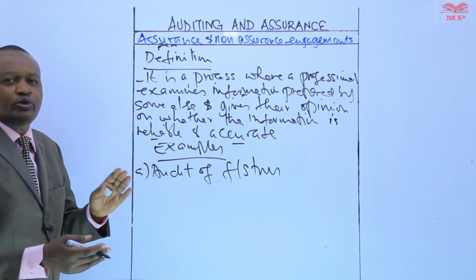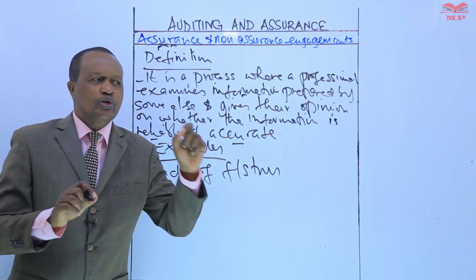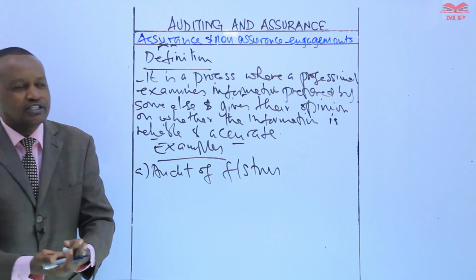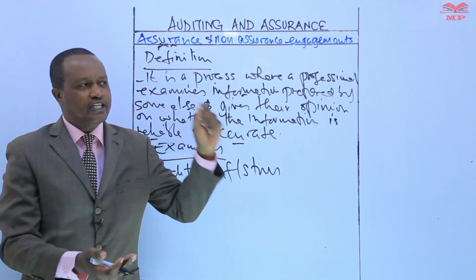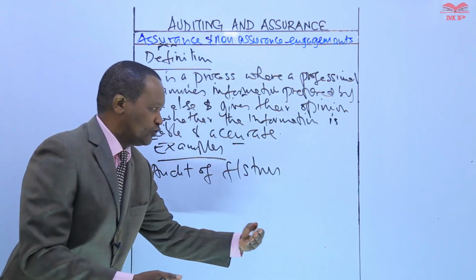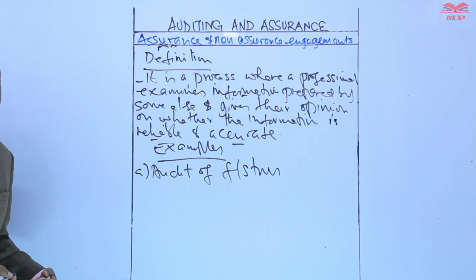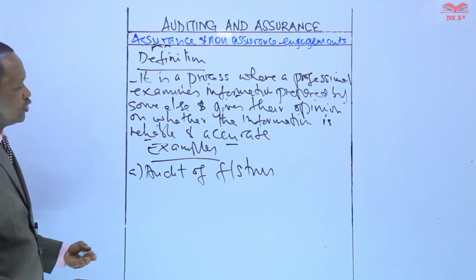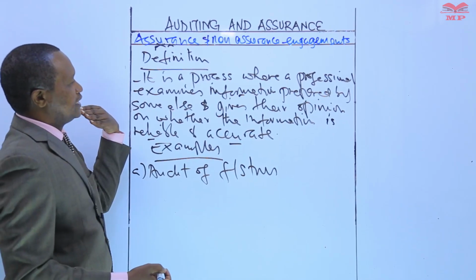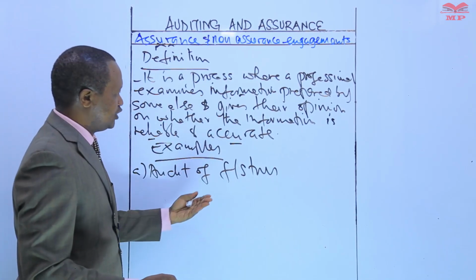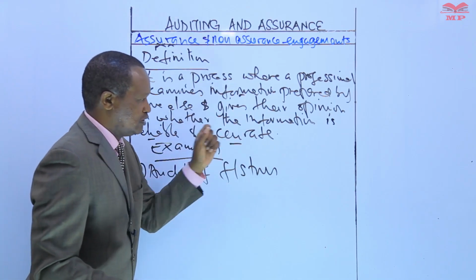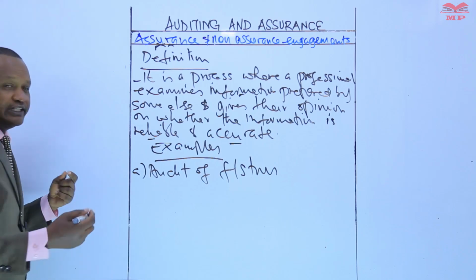So this is the most common type of assurance engagement, audit of financial statements, where an auditor examines a company's financial statements and provides an opinion on their fairness and truthfulness. So in auditing financial statements, the auditor gives his or her opinion on whether the information is reliable or accurate, whether it is fair and all that of financial statements.